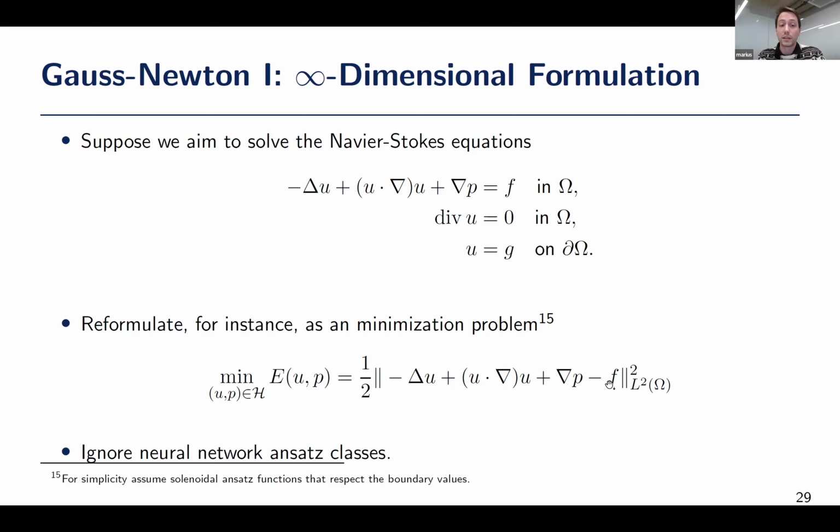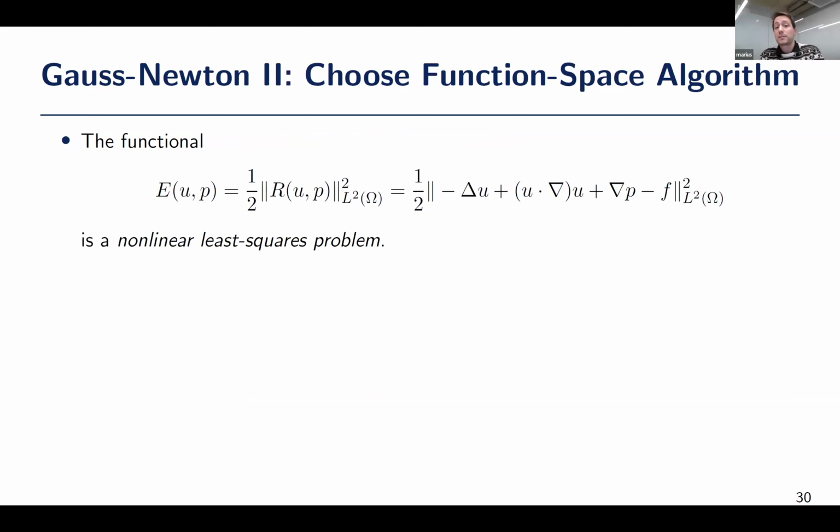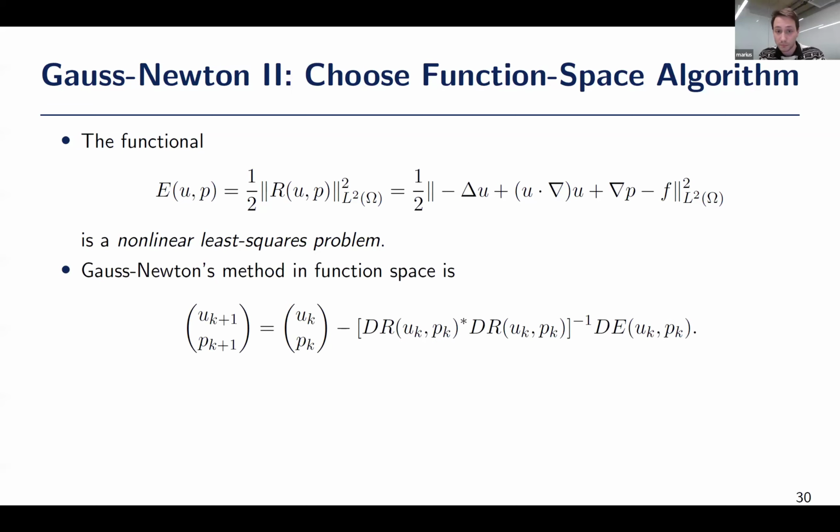Then the question is, we still ignore the network ansatzes again, what properties does this E have, and what is an appropriate optimizer on the function space level? I look at it, and I see, okay, this is a nonlinear least squares problem. And then I might choose Gauss-Newton's method in function space as a method for a nonlinear least squares problem.